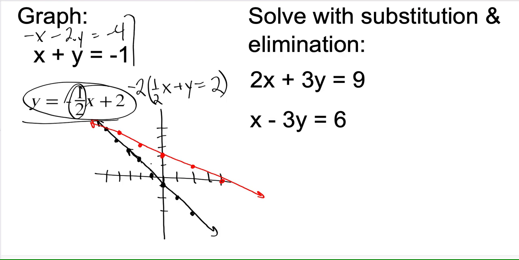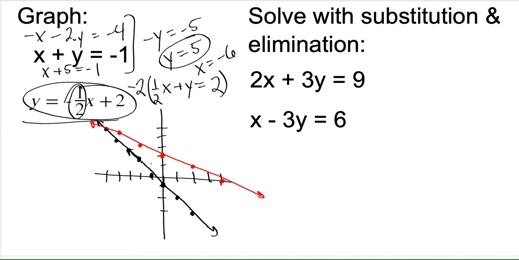And now we can add these two together. So we'll get negative y equals negative 5, so y equals 5. And we'll see if we did that right. So we should have 5 for the y. Plug that into this one. Okay? So x plus 5 equals negative 1. That means we're going to get x equals negative 6.